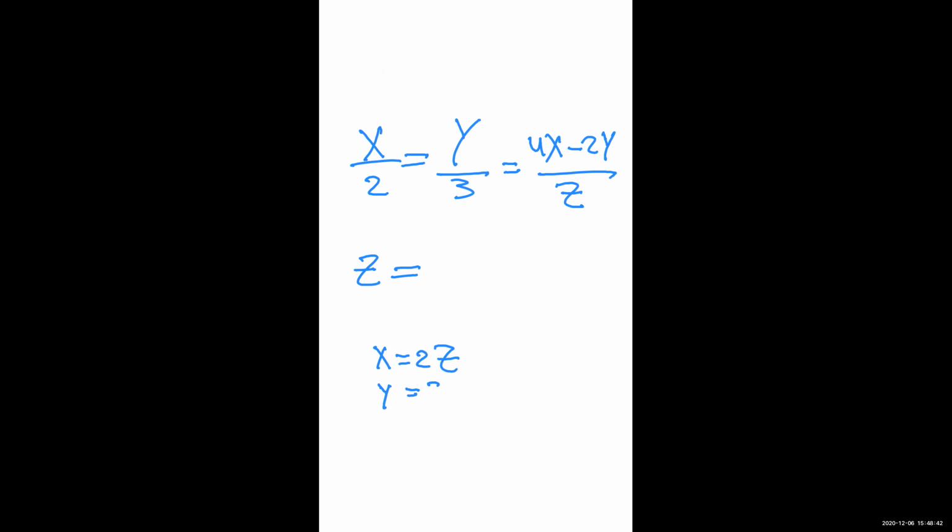Then 4 times 2z minus 2 times 3z. You mean you substitute the value of x with 2z, right?